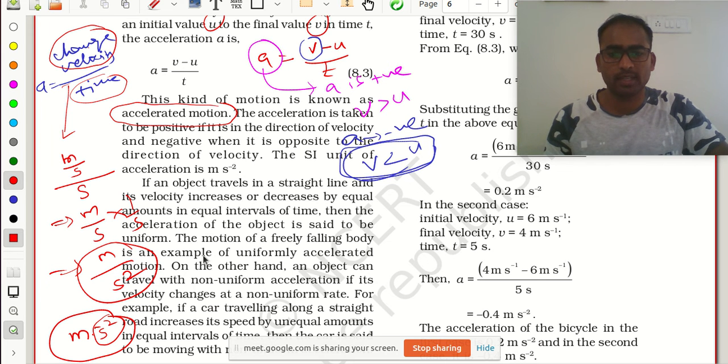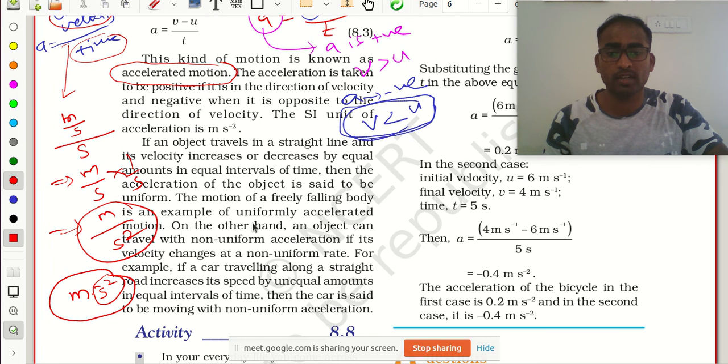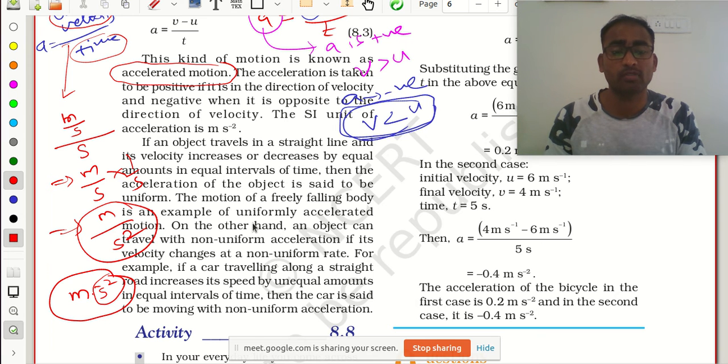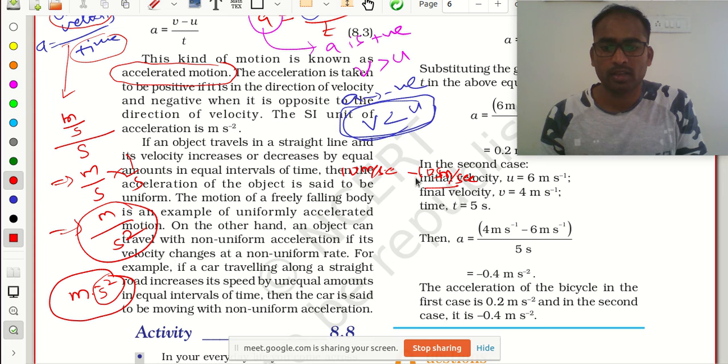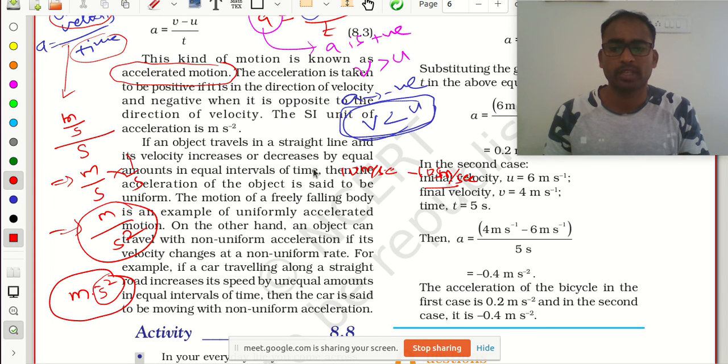Now in acceleration also you have uniform acceleration and non-uniform acceleration. If an object travels in a straight line and its velocity increases or decreases by equal amounts in equal times, say I increase my velocity by 10 meter per second, then the acceleration of the object is said to be uniform. Acceleration depends on the change in velocity only.